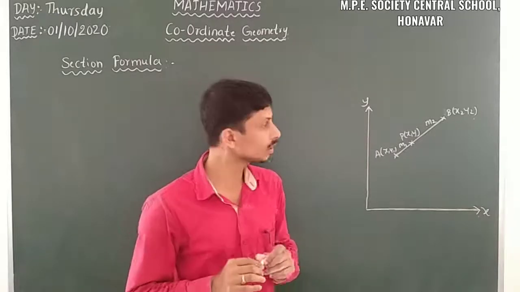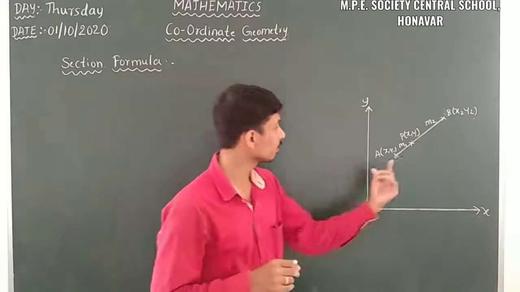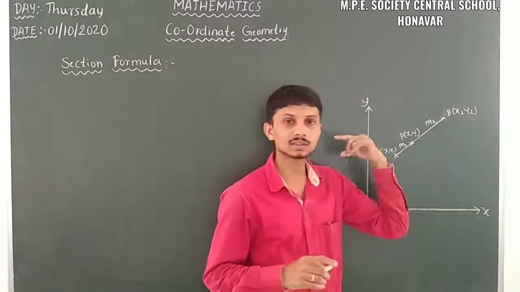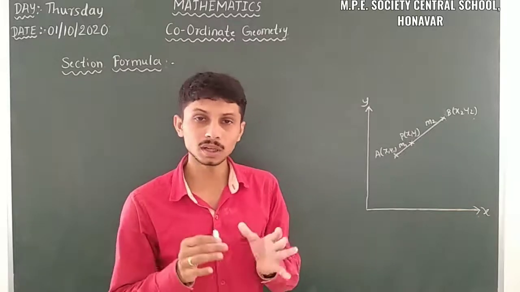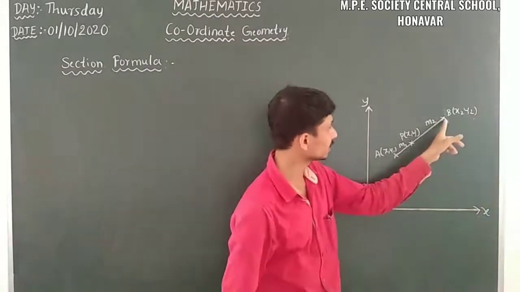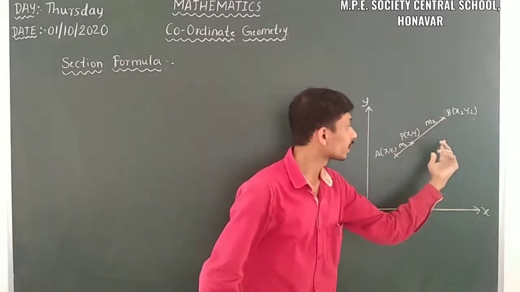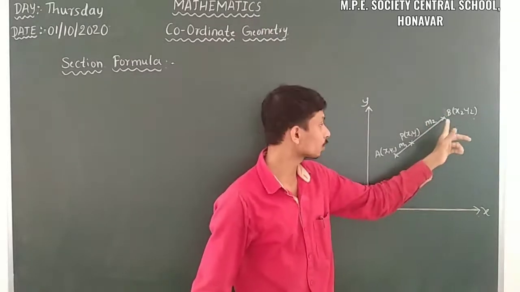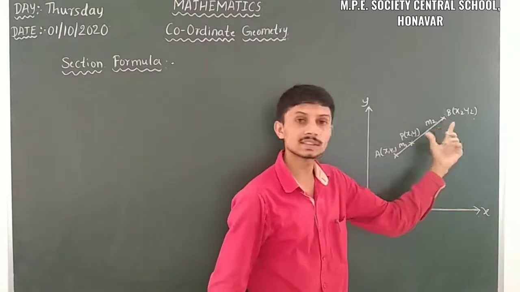Just observe, here we have to find the distance. We want this distance and this distance. In the distance formula we constructed some arrangements, where a right angle triangle was drawn, and from its sides we could easily calculate the distance.